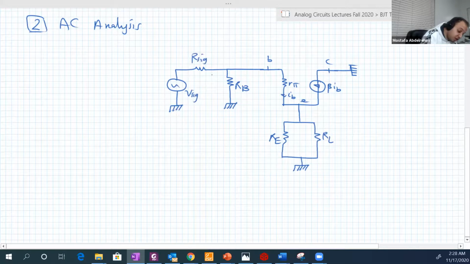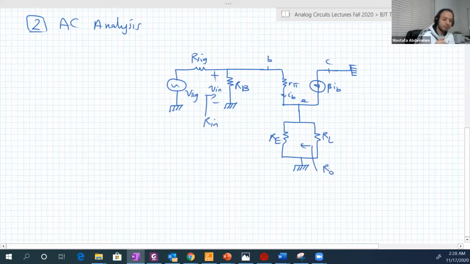And before we continue, here is V input and R input, and in the future R output. Okay, so let's start first with R input.